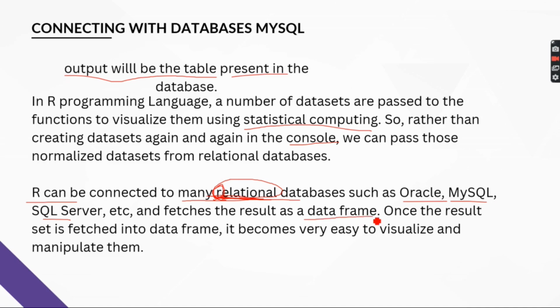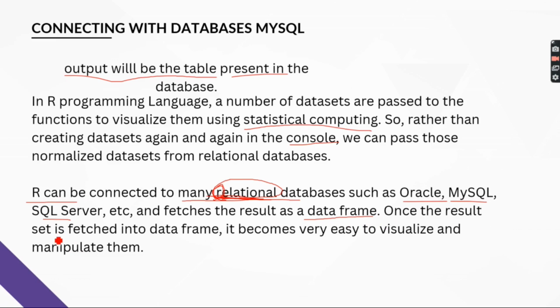You import a CSV file, it is going to be a data frame. Be it an Excel file, again a data frame. Be it tables in relational databases, it's again going to be saved as a data frame. So any outside information that you import that is present as a table is going to be saved in R as a data frame.